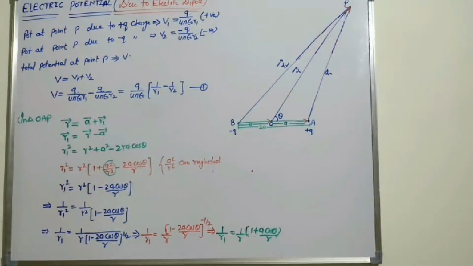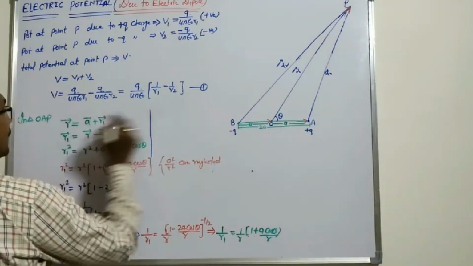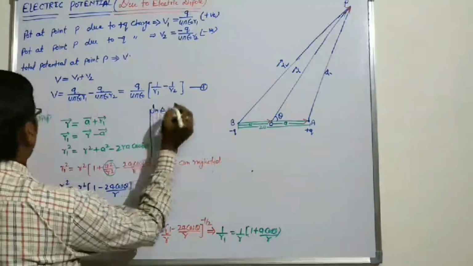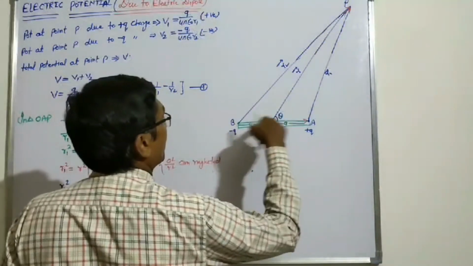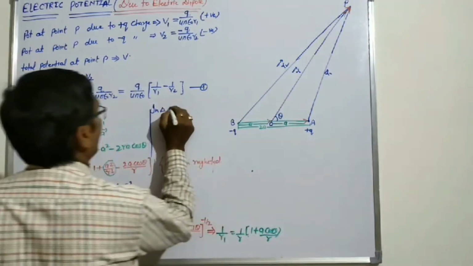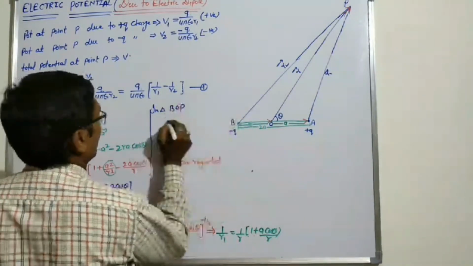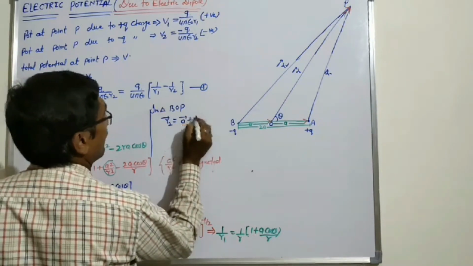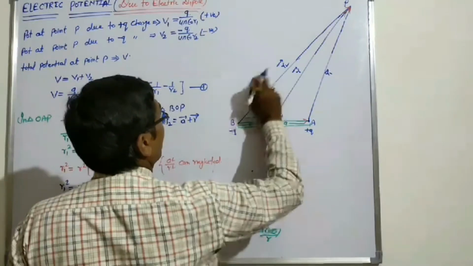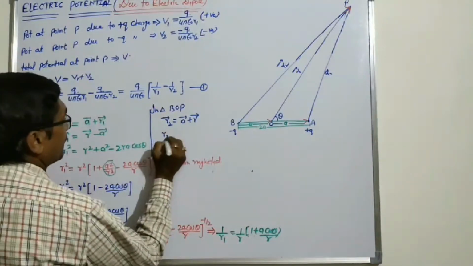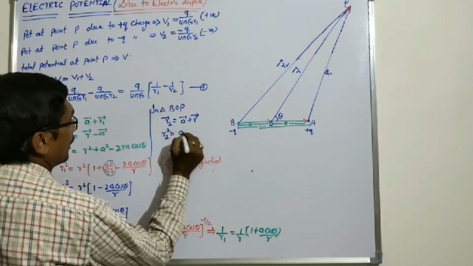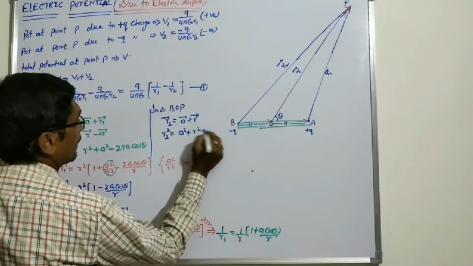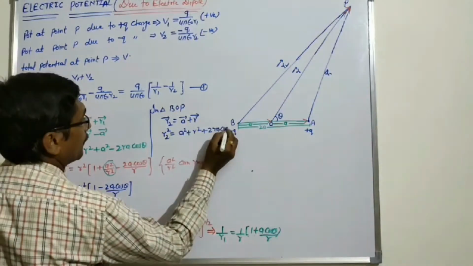Similarly, for R2, in triangle BOP, according to the triangle law of vector addition, R2 vector equals A vector plus R vector. In this case we can directly find R2 square equals A square plus R square plus 2RA cos theta.